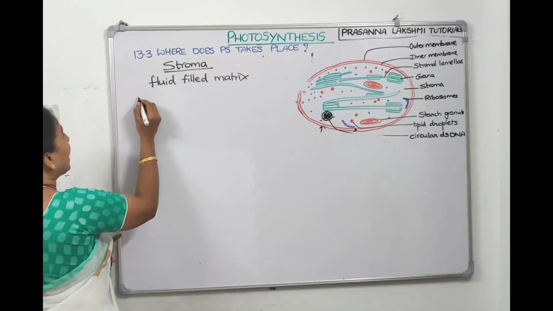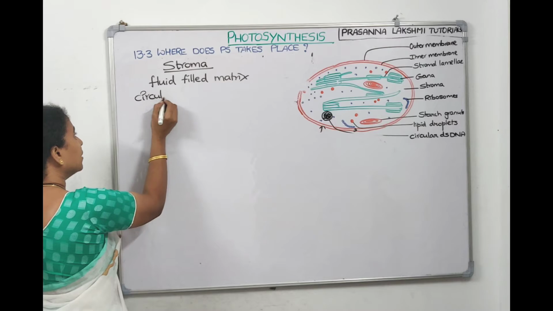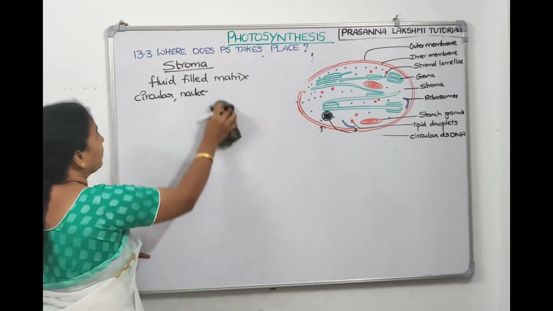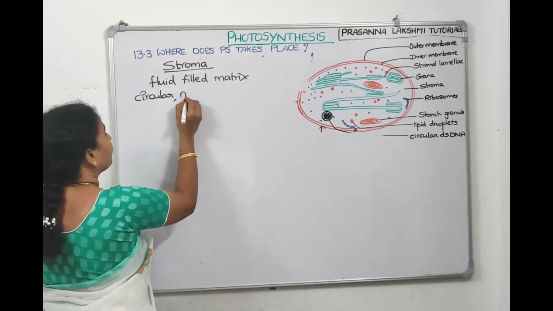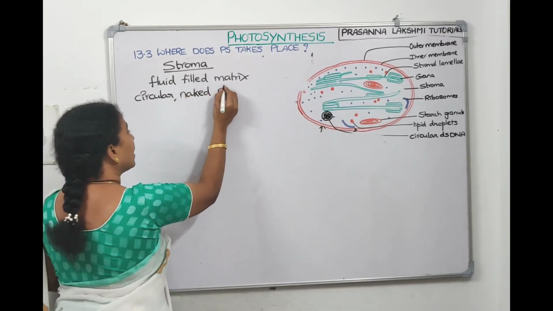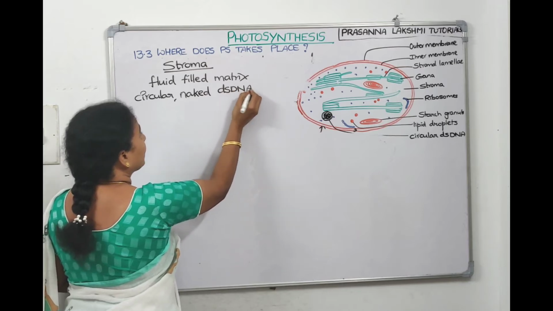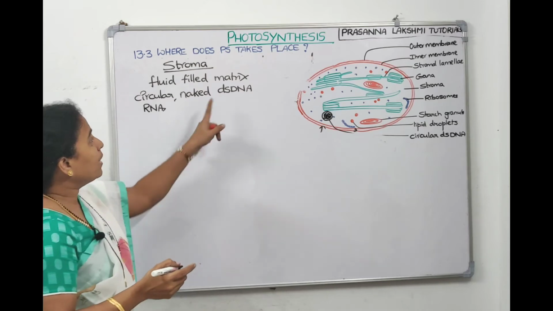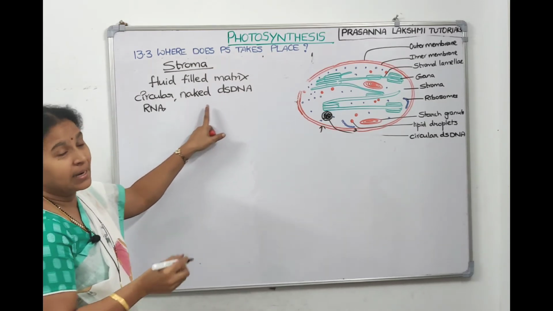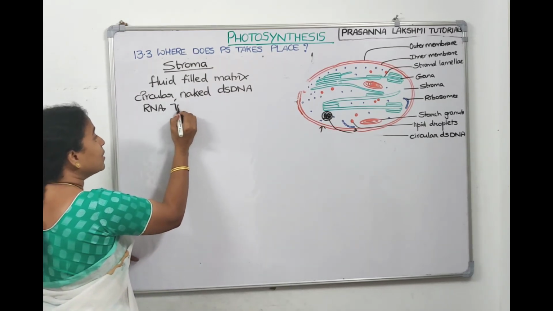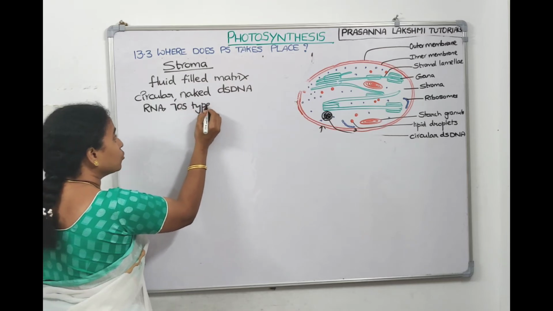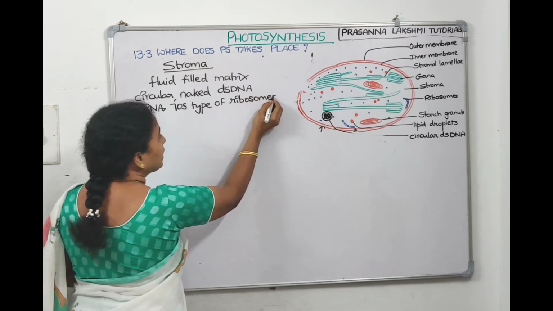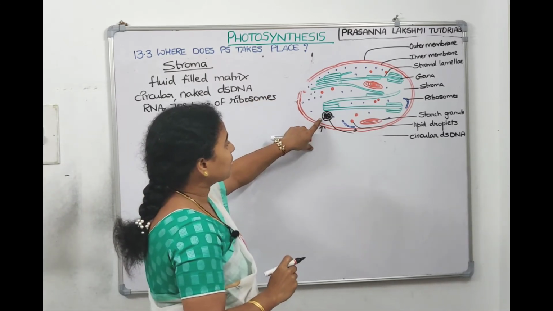The stroma has circular naked double-stranded DNA, and it has RNA also. And they have 70S type of ribosomes.